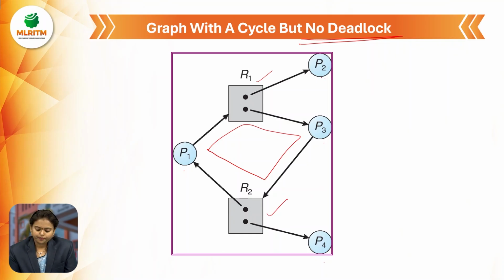Okay, here first, P2 is not requesting any other resource. It is holding an instance of resource type R1 but not requesting any other resource. It is sufficient with that particular resource, so it will be executed.